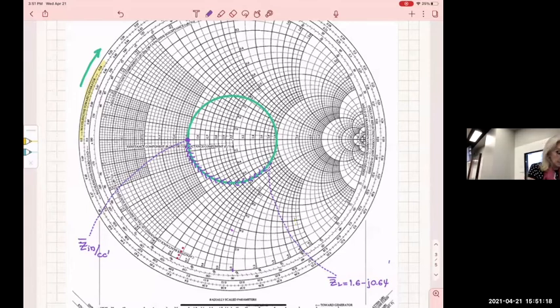Now it's real, and as a matter of fact, I can find it and it's exactly 0.5. So this one normalized is 0.5. I found it. So if I move this much, I can create my Z input at CC prime to be 0.5, which in reality, how many ohms is that?